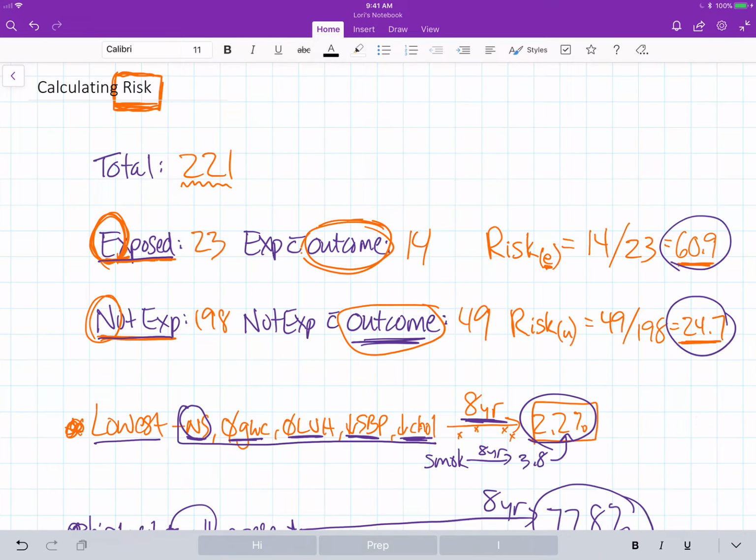It's not really going to be helpful to us, but it's just a process of math. The one that we can add that is actually helpful is right here. And so we find out that a total of 63 out of our starting number, 221, did end up with the disease, and so that can be a helpful number to us. So that is a good number for us to keep track of.